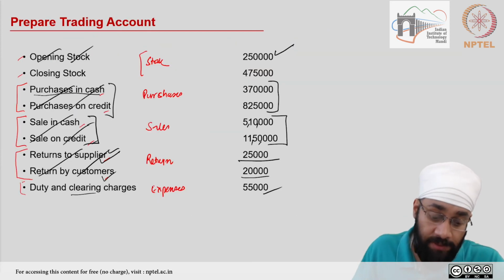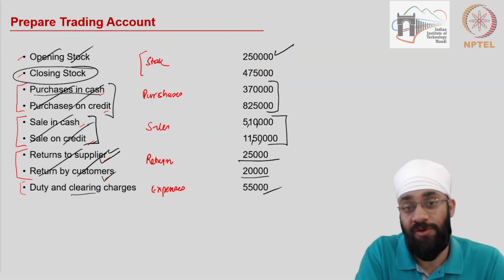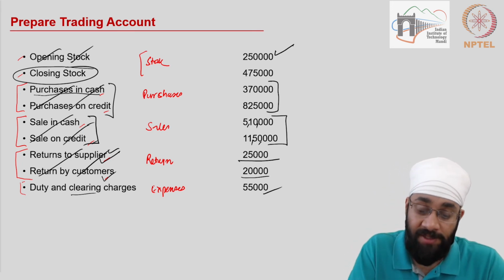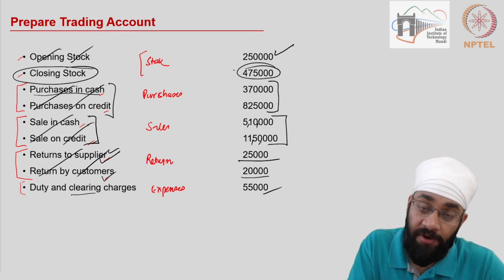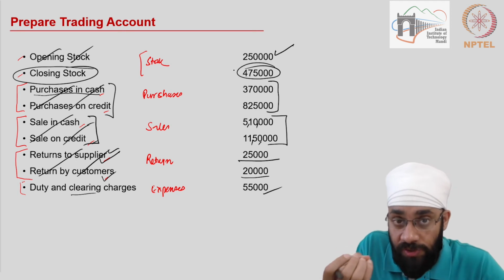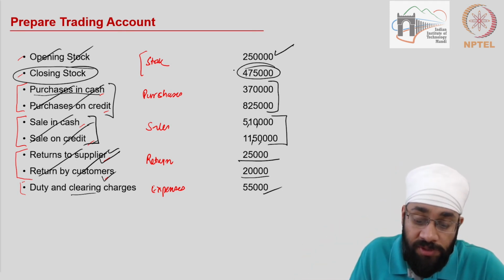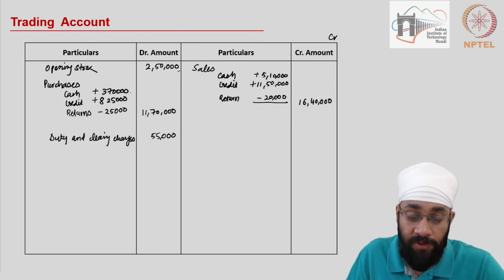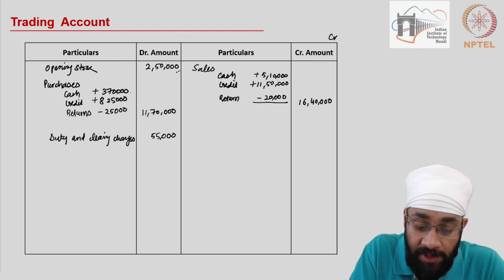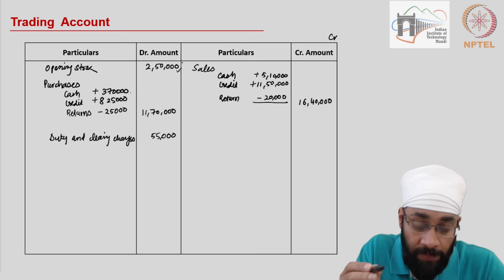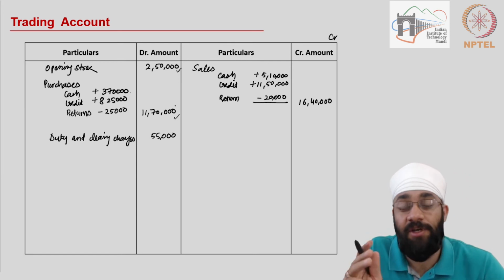Now one last item which is remaining is the closing stock. The closing stock represents the value, the cost of the goods which have not been sold. So what was the amount of goods that were available, you had 2,50,000 plus 11 lakhs and 70,000.